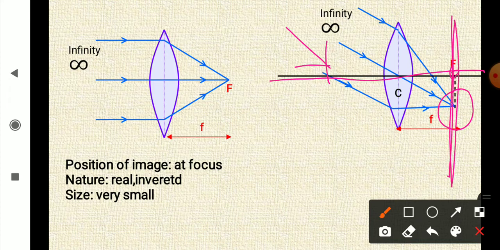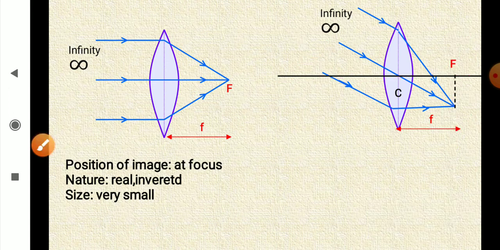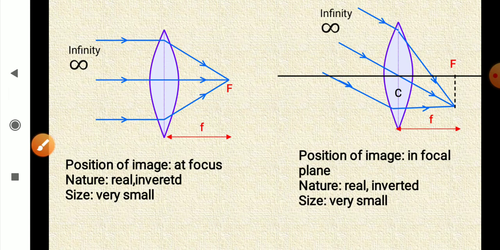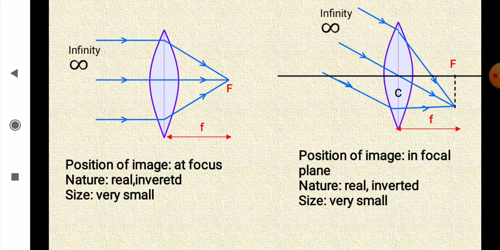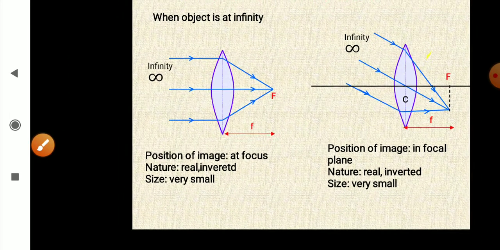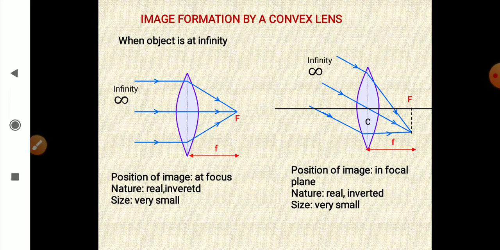So image is not formed at a focus, but it is formed in the focal plane. So here, the position of the image is in focal plane. Nature is real and inverted and extremely small, highly diminished. So when the object is at infinity, the image is formed at the focus.